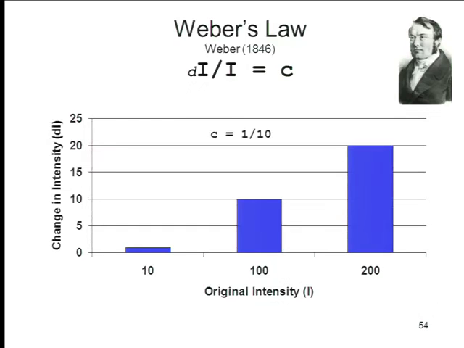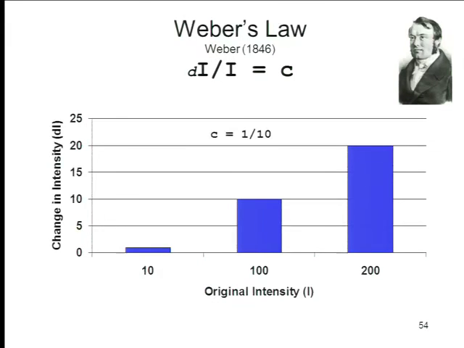Change in intensity over I equals a constant. So, for example, if the original intensity is 10 and your constant is 1/10, that's known as Weber's fraction, then it will take 1/10 of 10, or 1 unit, of additional physical intensity for the subject to be able to perceive that intensity has changed.